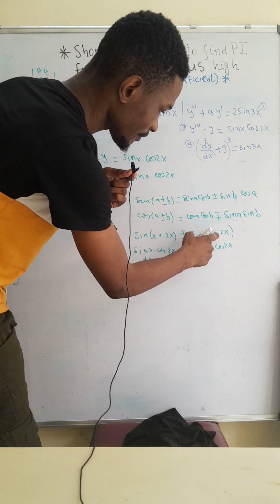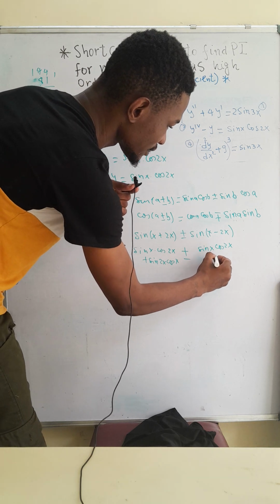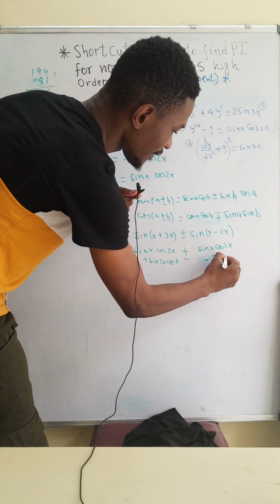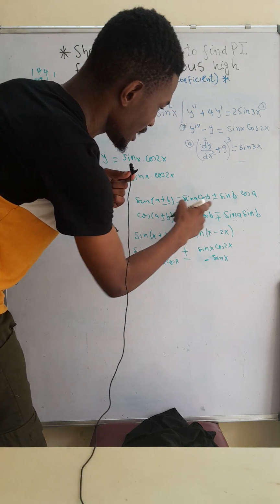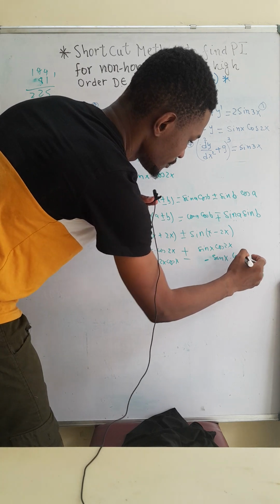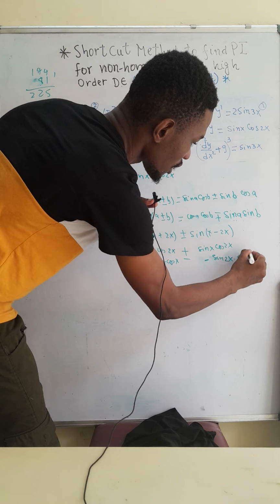See here, it will be minus sin of x and cos of 2x, because here it's minus. Minus sin of 2x and cos of x.